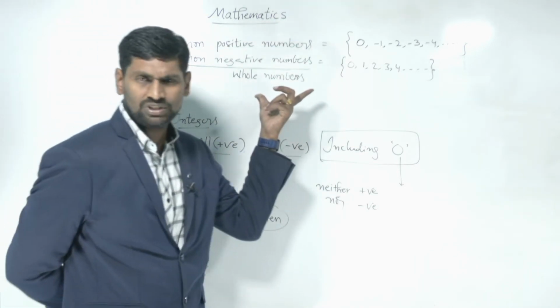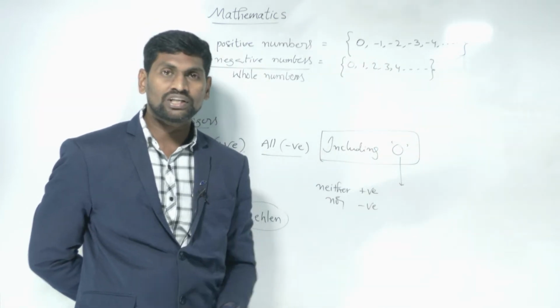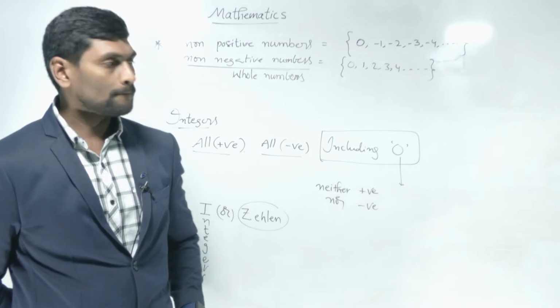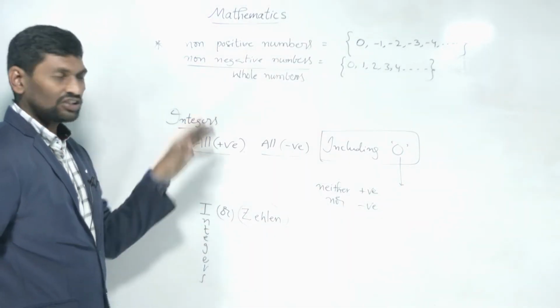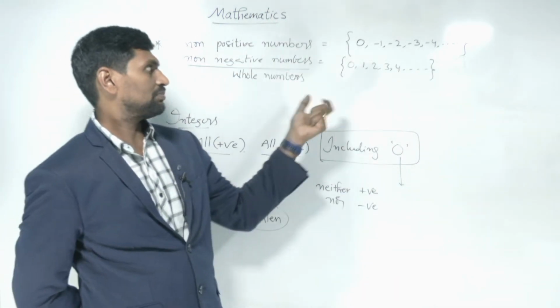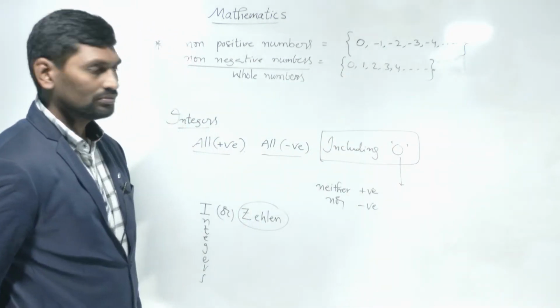Am I right? Whole numbers are nothing but counting numbers including 0. We start counting from 1, including 0. Non-negative numbers we can also call whole numbers. Non-positive numbers means all negative numbers including 0.